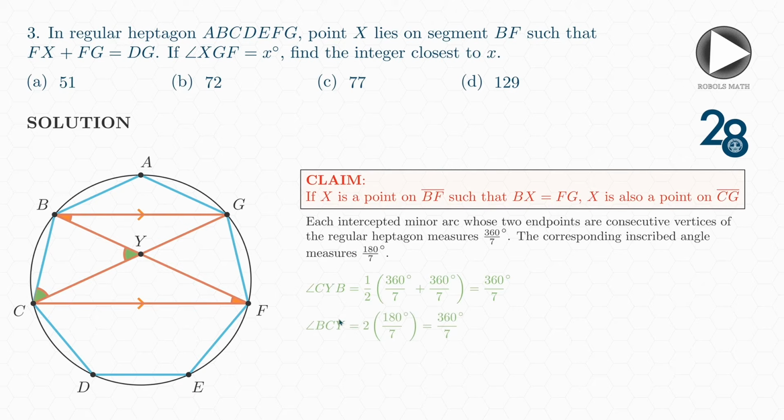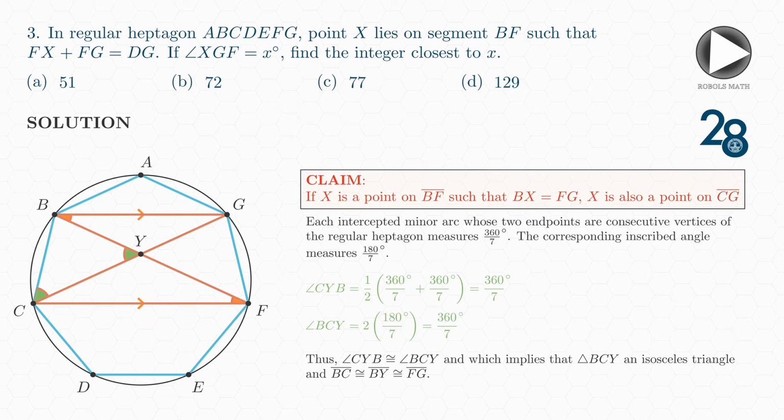So its total measure should be 2 times 180 degrees over 7, which is equal to 360 degrees over 7. Now, the important thing here is that we have shown that CYB and BCY both measure 360 degrees over 7. So they must be congruent.